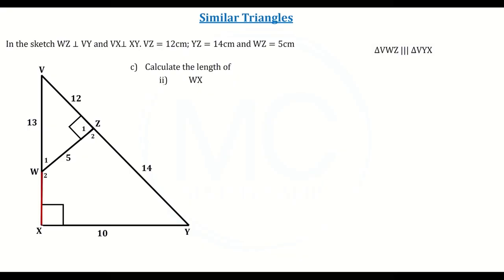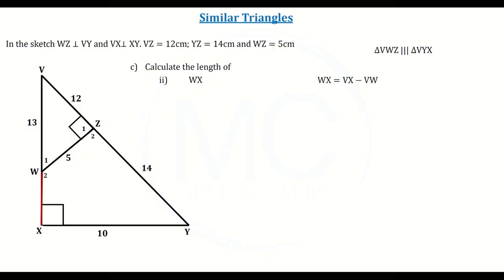Now, WX is not a side of an existing triangle, but along with VW, it makes up the side VX. So to find the length of WX, we can say WX is equal to the larger side VX minus VW.